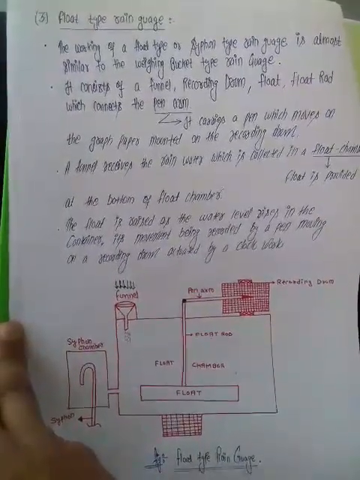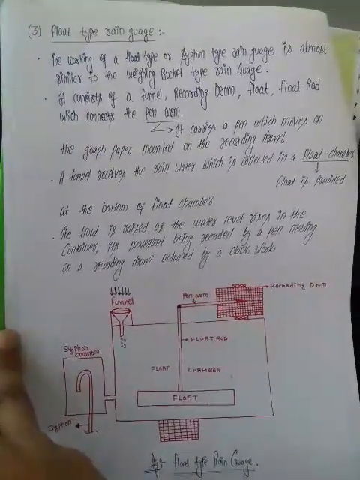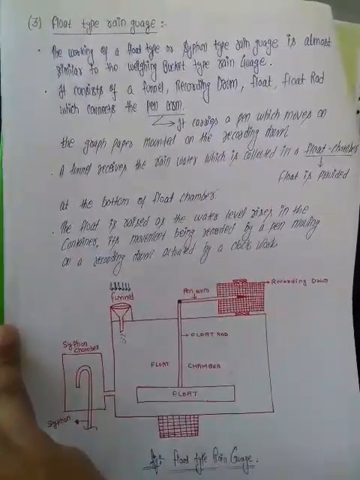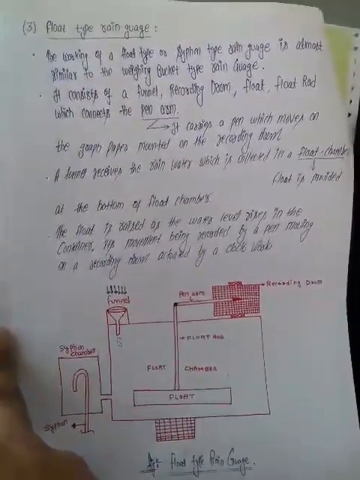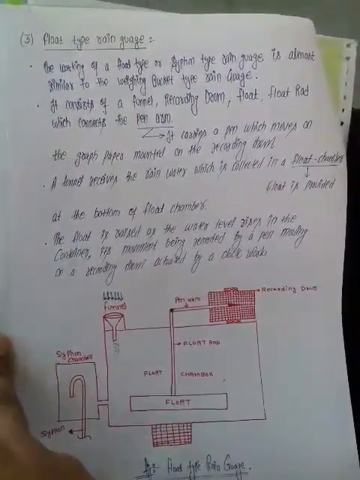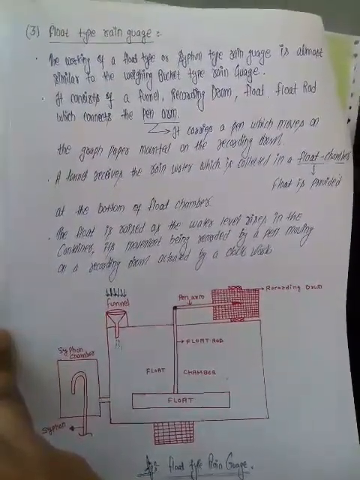Why is the siphon chamber here? Because when the rainfall exceeds the capacity of the float chamber, the siphon chamber discharges it, or you can say it lowers the pressure.